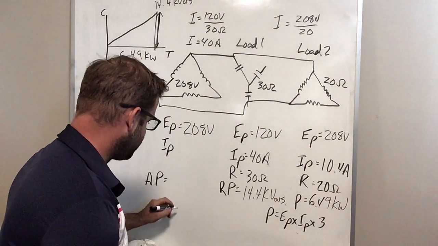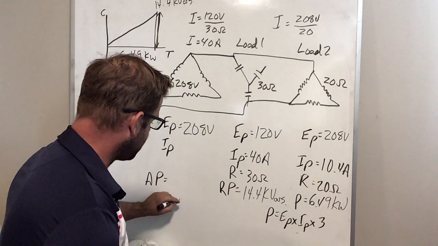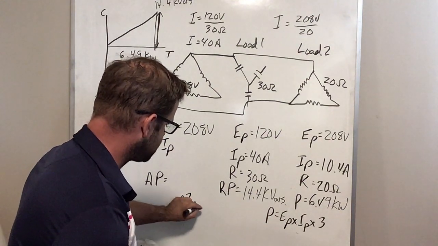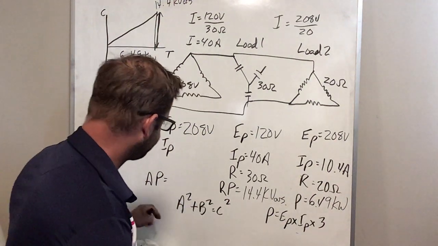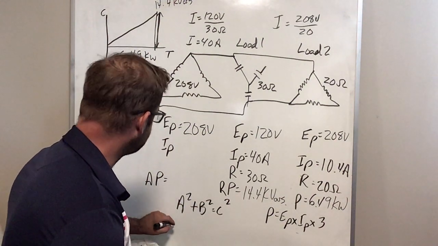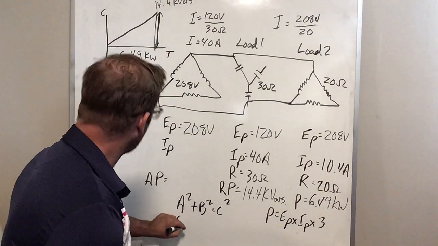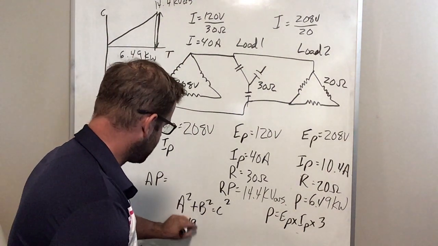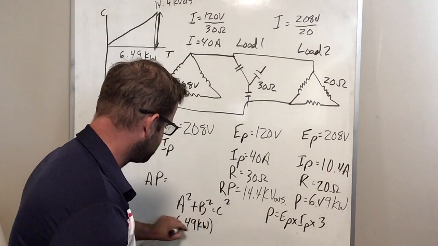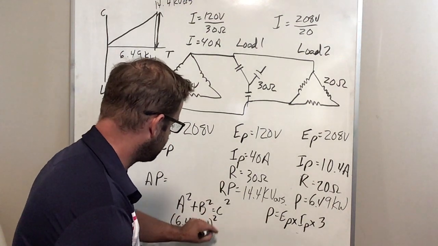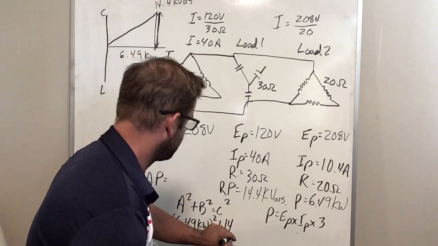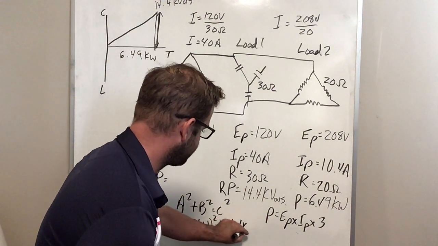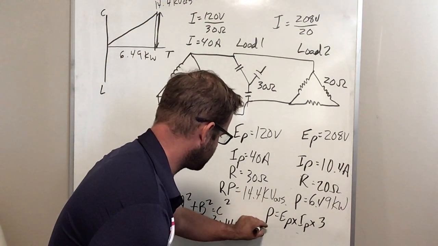So if you remember, when you go to find the hypotenuse, it's a squared plus b squared is equal to c squared. So if I take 6.49 kilowatts squared plus 14.4 kVARs squared.